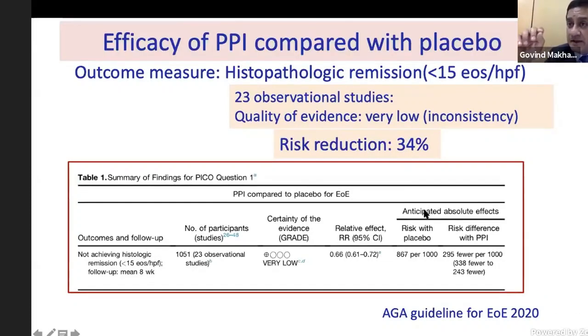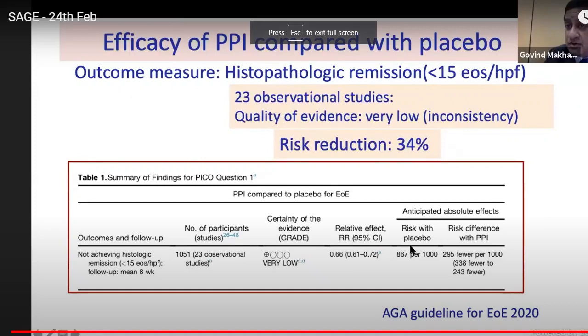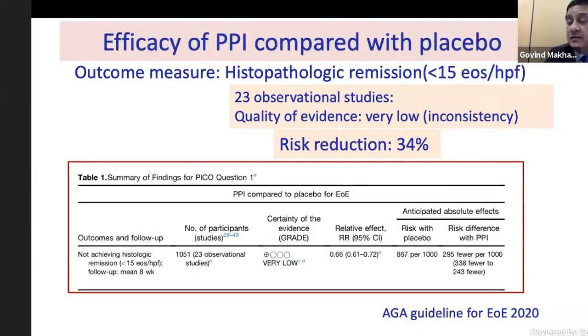Suppose you have 1,000 patients. If I use placebo, then 867 will fail to respond, which means only about 130 patients will show a response.